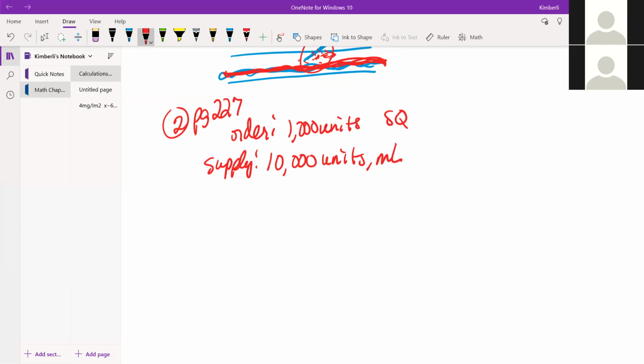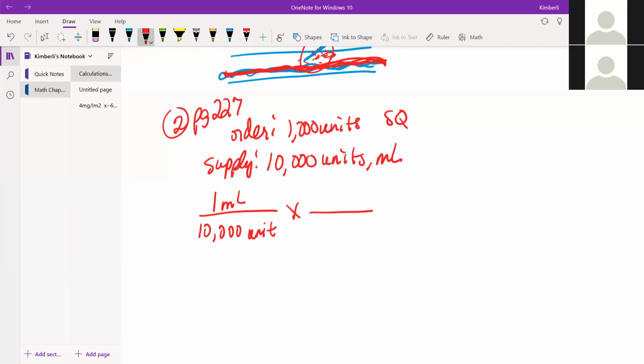Yeah. So let's go ahead and do the math so we know where to put our decimal point. 1 ml contains 10,000 units. And be real careful with your zeros. Don't worry so much about how you spell the word unit, but be real careful with your zeros.